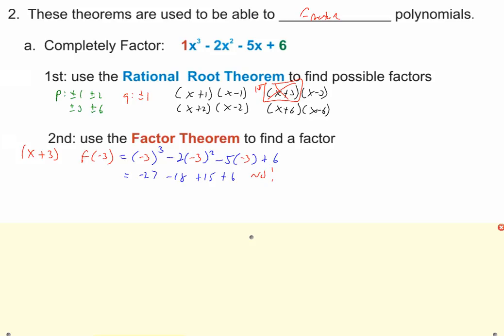Who wants to pick the next one? Sarah Mills. x minus 1. All right, we'll make that the second shot. Therefore, we're doing f of 1. All right, belt it out, see what you get.